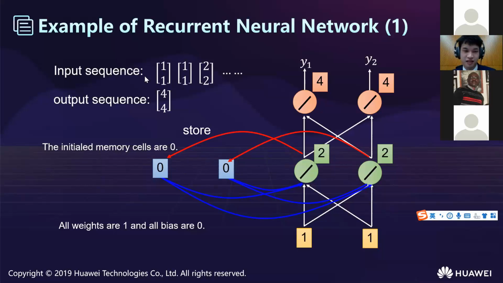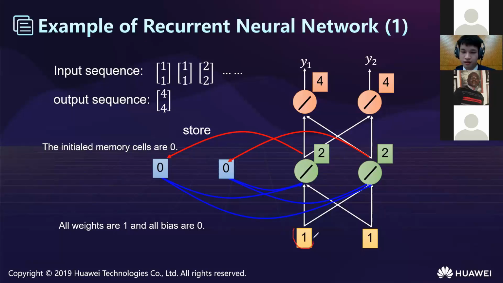And the first word we use the vector 1, 1 to represent. All the weights are 1, all the biases are 0, and there's no activation function, or we use the ReLU activation function. So I will show you how to calculate, how to get the value 2 here.